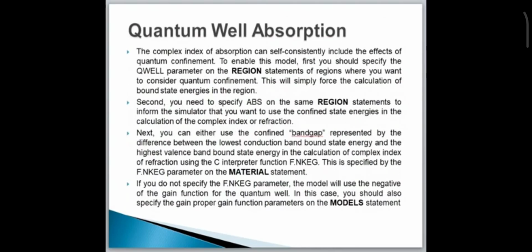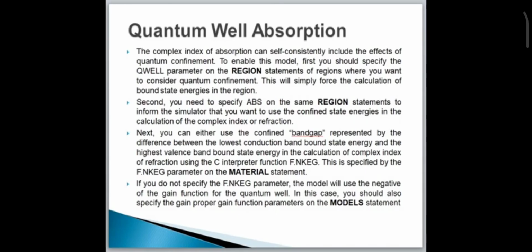And the last one is the quantum well absorption. The complex index of absorption can self-consistently include the effect of quantum confinement. To enable this model, first you should specify the Q-well parameter on the region statement of regions where you want to consider quantum confinement.